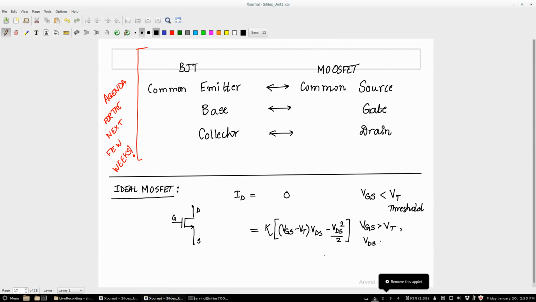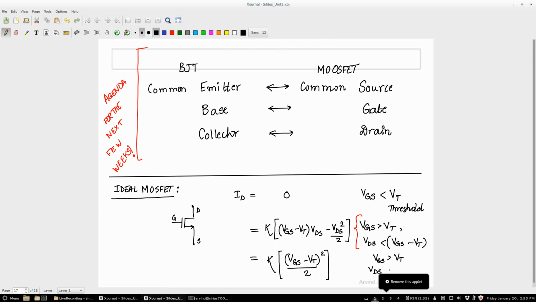VGS minus VT into VDS minus VDS squared by 2. This is the situation where VGS is greater than VT and VDS is less than VGS minus VT.